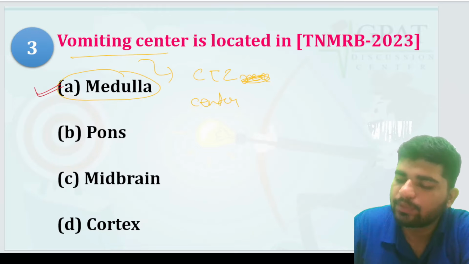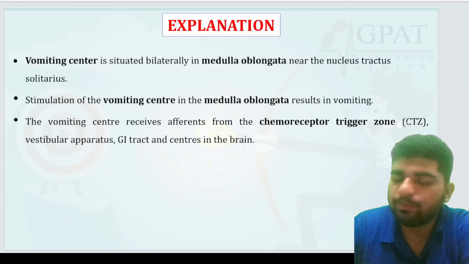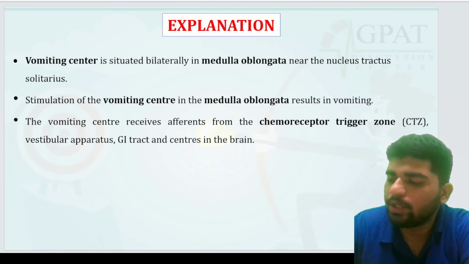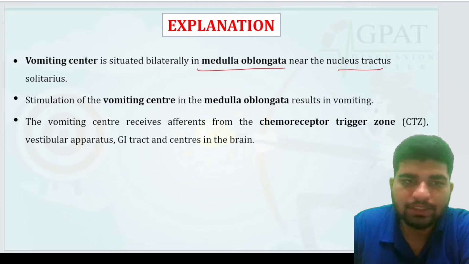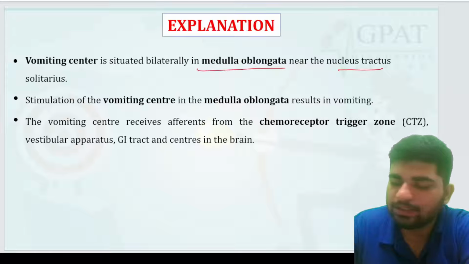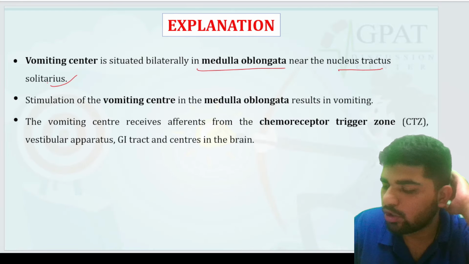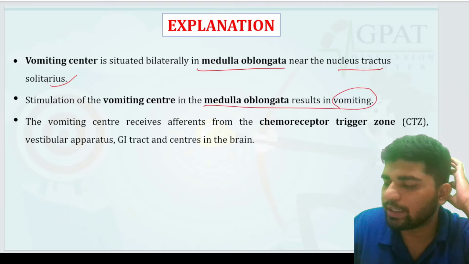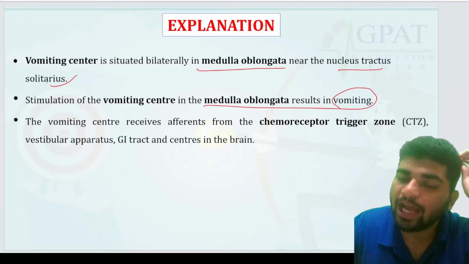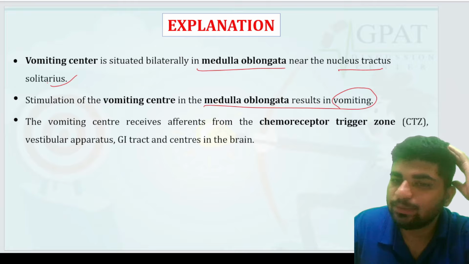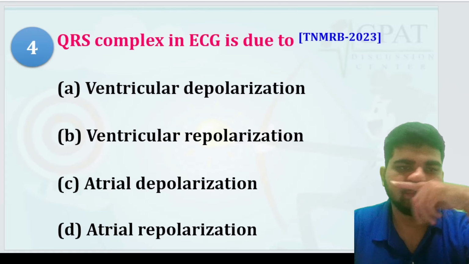The vomiting center is situated bilaterally in the medulla oblongata, near the nucleus tractus solitarius. Stimulation of the vomiting center in the medulla oblongata results in vomiting. Rats and mice, which are rodents, do not have this chemoreceptor triggering zone.